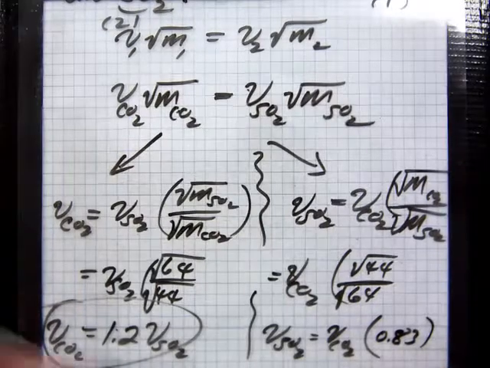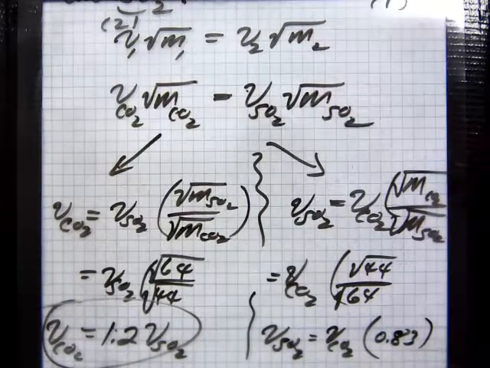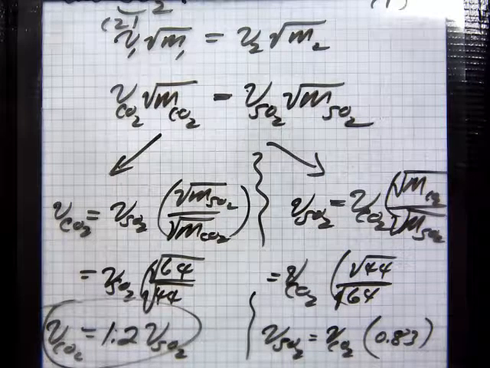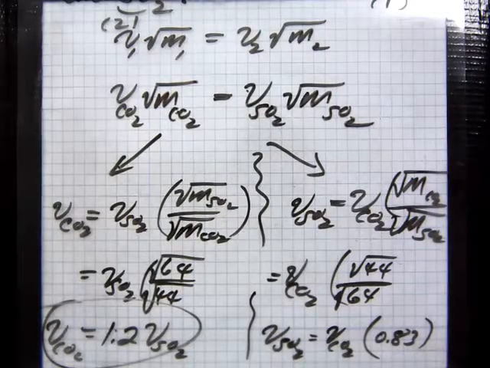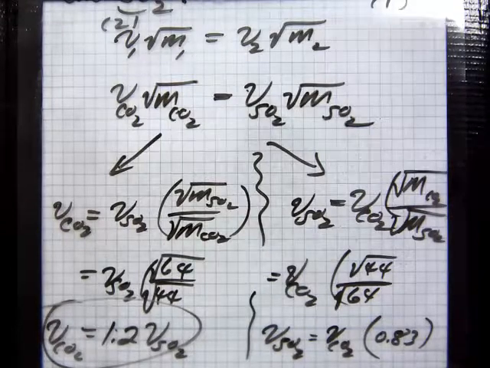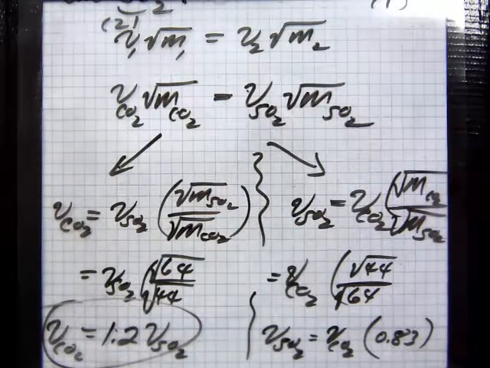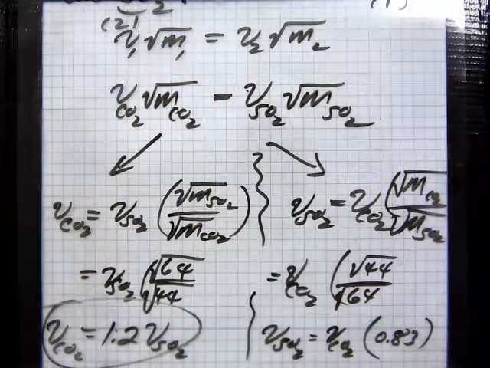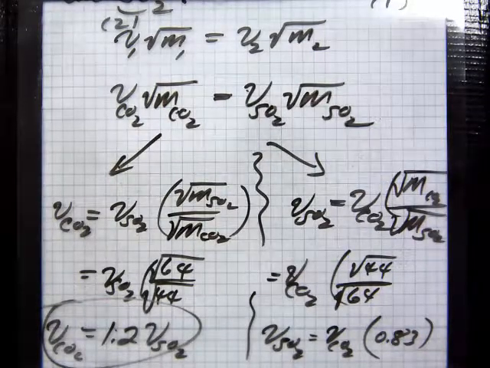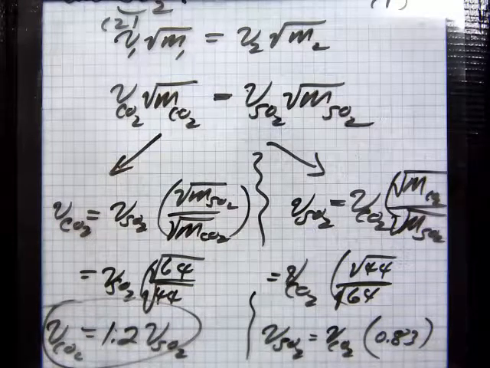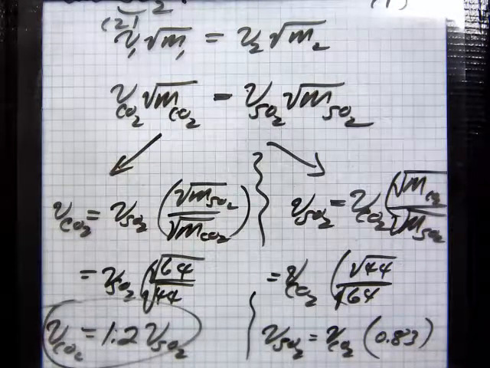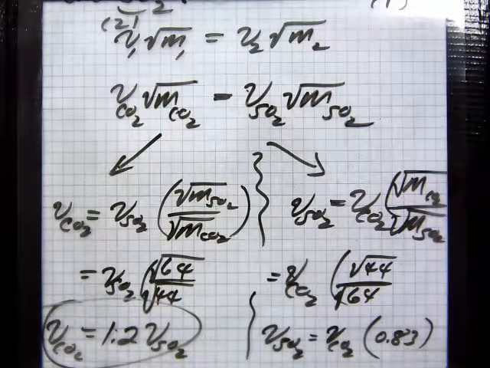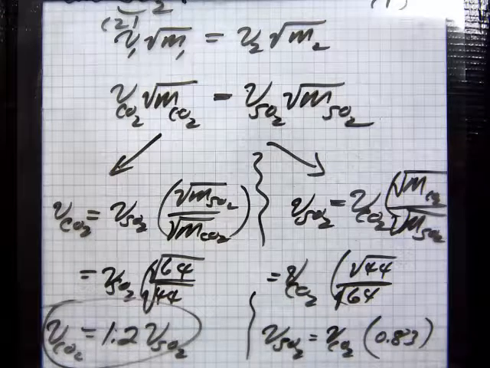So SO2 comes out, or effuses or discharges, at 0.83 of whatever the velocity of CO2 is. So you see it's a comparative relative to what you solve the Graham law expression in terms of. You can use the root mean square speed in there, but it's still the same outcome. It's a relative relationship. The bigger the particle, the slower it's going to come out of the system.